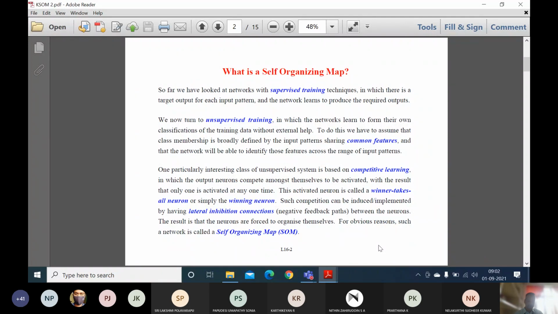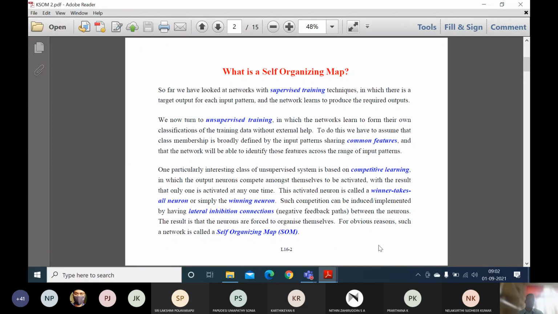domain of neural networks. So till now, in module number 1, right from your perceptron, Hebb's learning rule or Hebb's network, Adaline, Madaline, then the next one is backpropagation network.